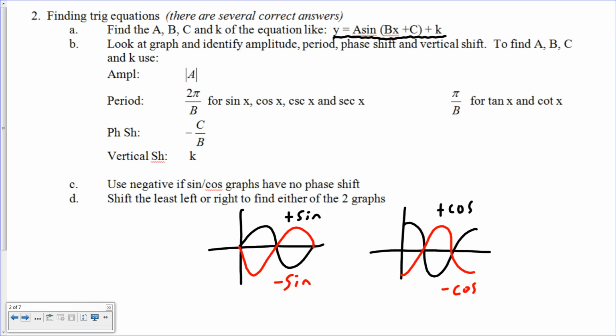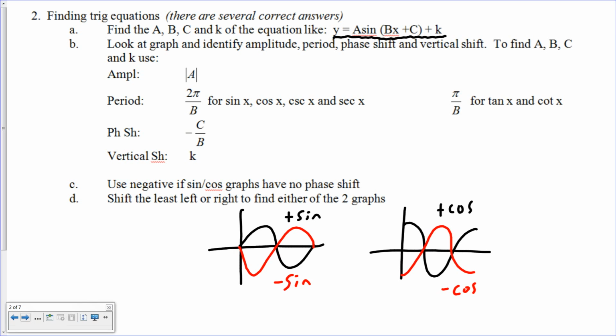If it has a phase shift, you want to use a positive sine or cosine with the least phase shift possible. And that's what these last two conditions mean, the C and D. The C says use negative if the sine and cosine graphs have no phase shift. That would be the red graphs.